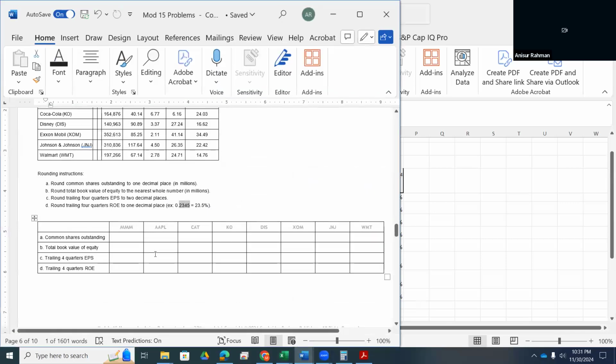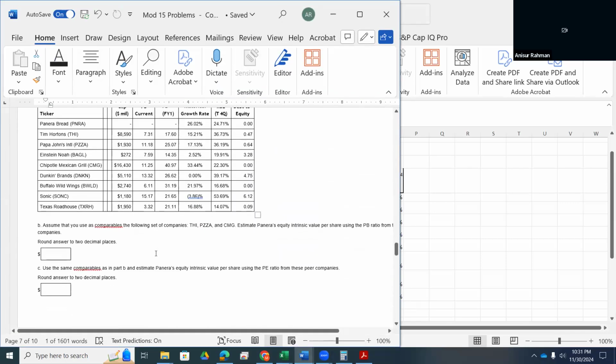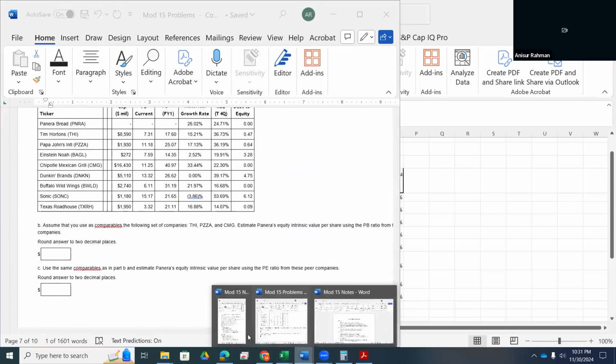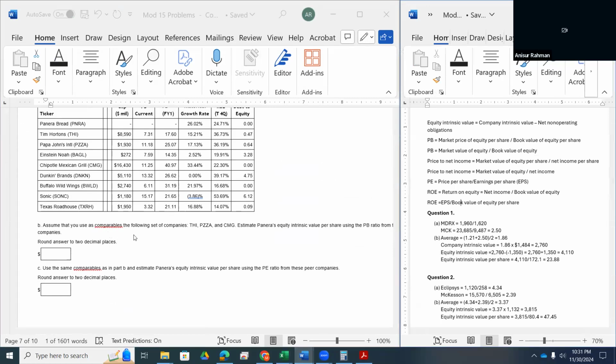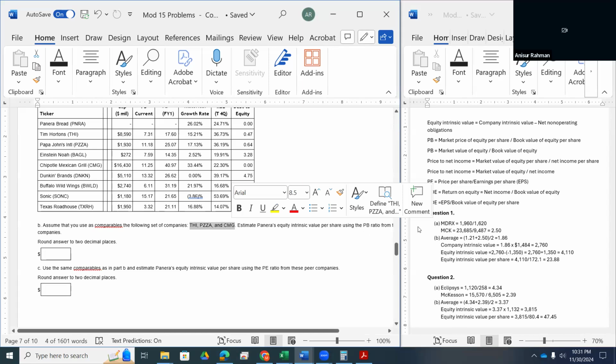Our next question is question 6. Okay. So for question 6, what we have to do, we have to use these 3 companies only as comparables, and we have to estimate equity intrinsic value per share using the PB ratio.